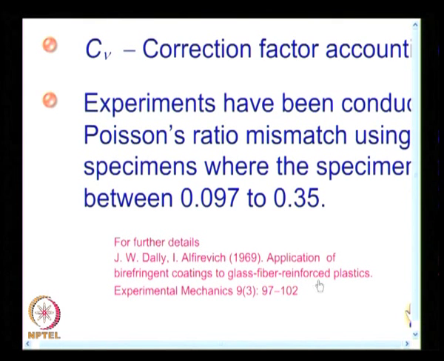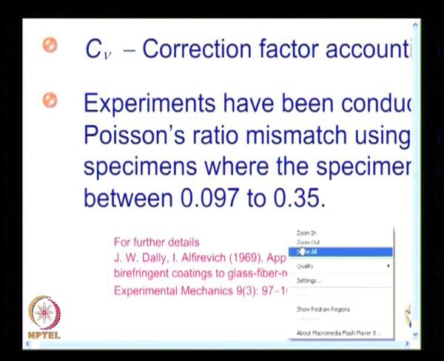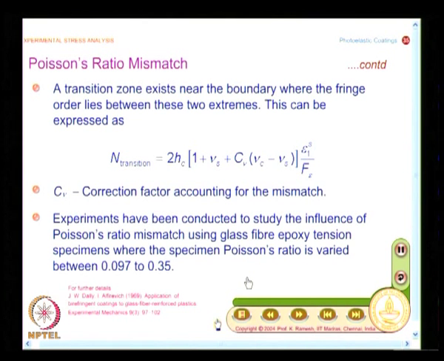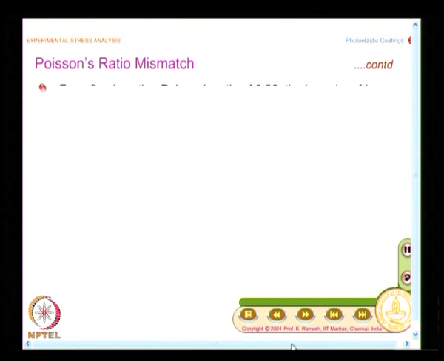In fact, you have very nice pictures, and they have also given thumb rules depending on the coating thickness, what is the size of the transition zone, and so on and so forth. And what is its implication when we want to do experiments?